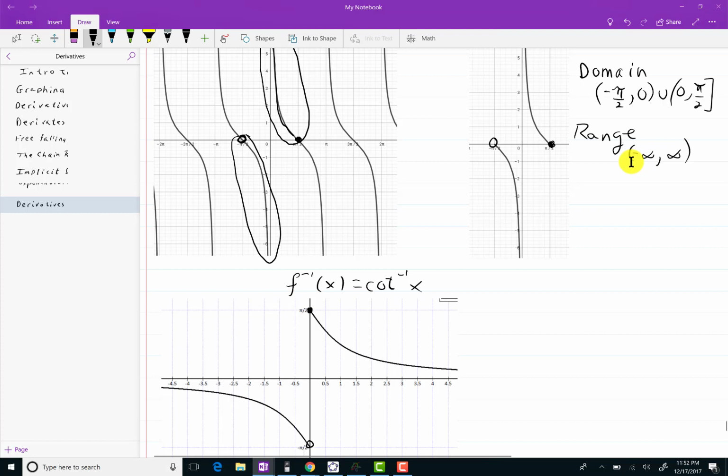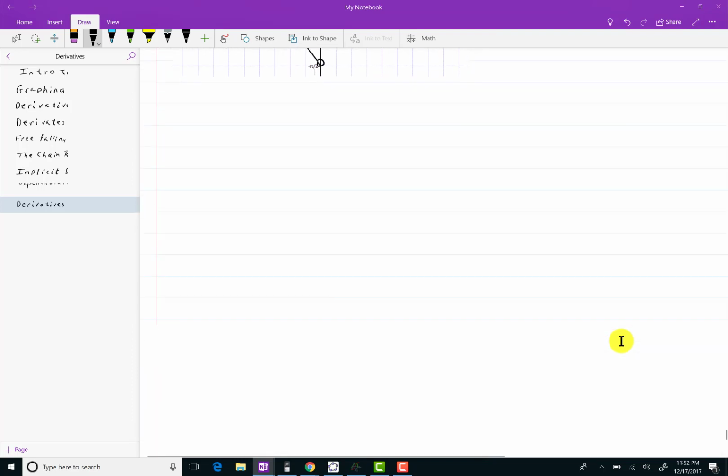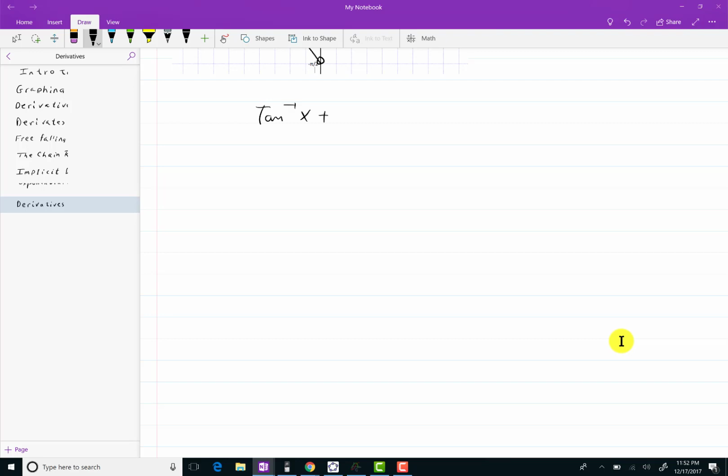I don't have a problem with that one. This will not be used. What happens is this. You have tan inverse of x plus cot inverse of x is going to equal pi over 2 when x is greater than or equal to 0.